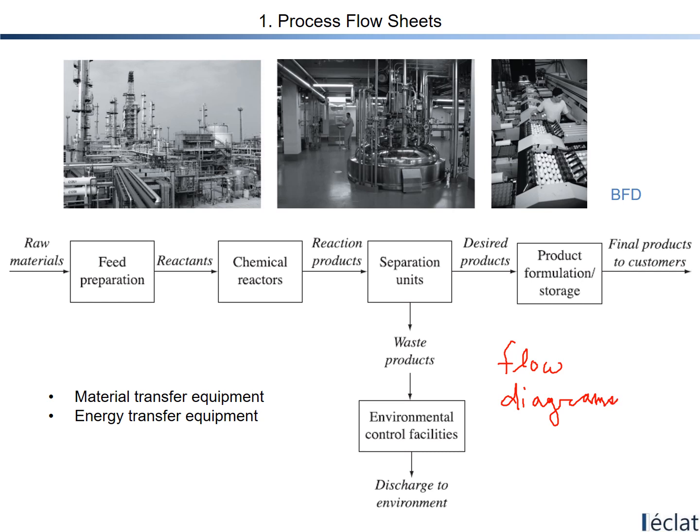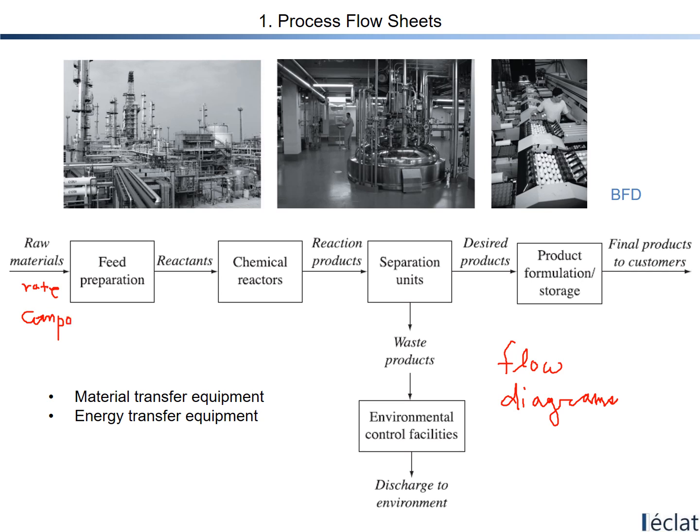Flow diagrams. Also, actually, in the real flow diagram, more information should be involved. Some rate of raw materials, or sometimes the composition of raw materials or something like that.